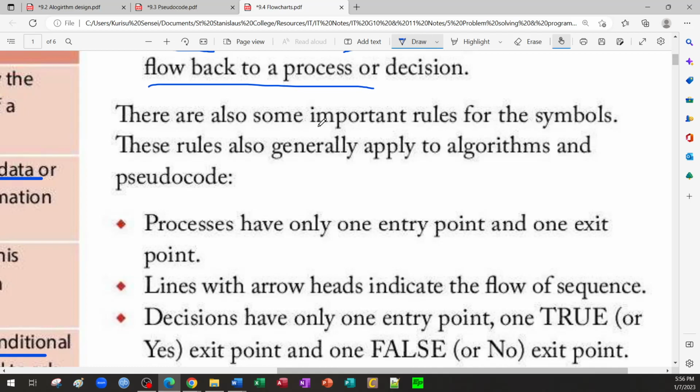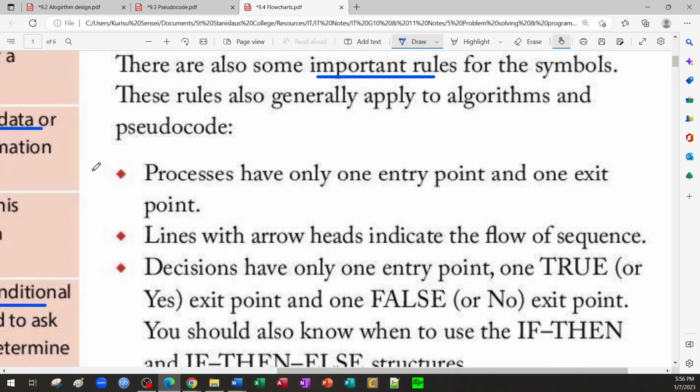There are also some important rules for the symbols. These rules also generally apply to algorithms and pseudocode. So some more rules we have to look at. The first rule here, processes have only one entry point and one exit point. So a process symbol, only one entry and one exit.